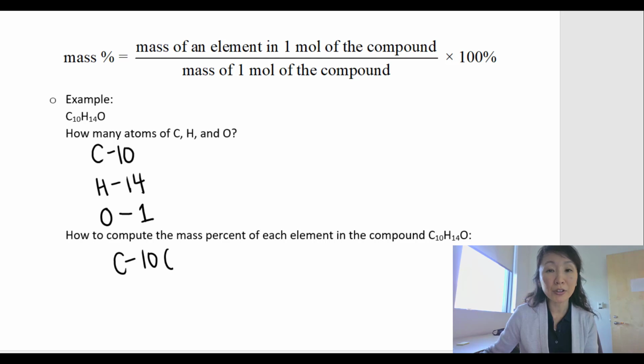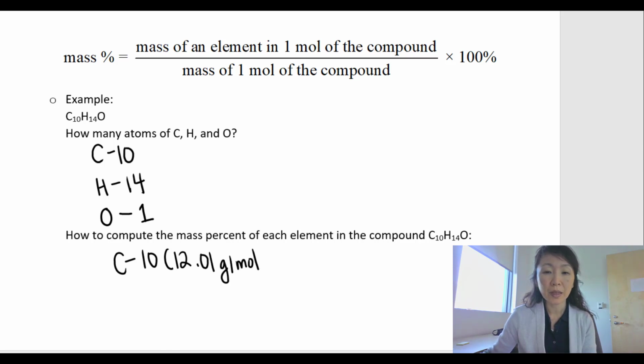Underneath the periodic table, you'll see that carbon weighs 12.01 grams per mole. If you calculate this out, 10 times 12.01 is 120.1 grams per mole. And that's just for carbon.